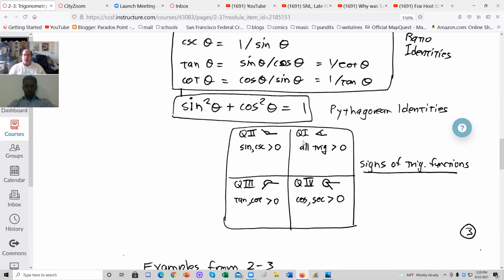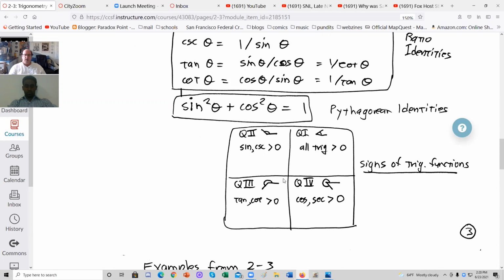If it's in quadrant 1, the acute angle between 0 and pi halves radians, then all trig functions are positive. If it's in the second quadrant, an obtuse angle between 90 degrees and 180 degrees, then it's above the x-axis, so sine and cosecant are positive, but the others are negative.